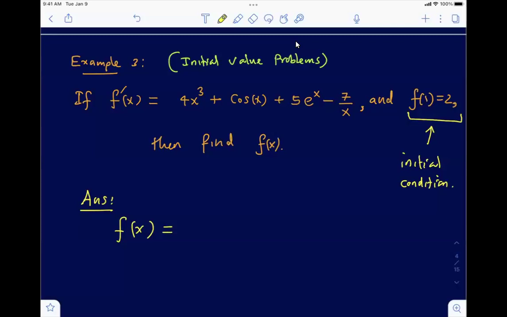The antiderivative of 4x cubed is x to the fourth. The antiderivative of cosine x is sine x. And the antiderivative of 5e to the x is 5e to the x. And 7 over x will result in minus 7 ln of absolute value of x. And then we will have plus c.